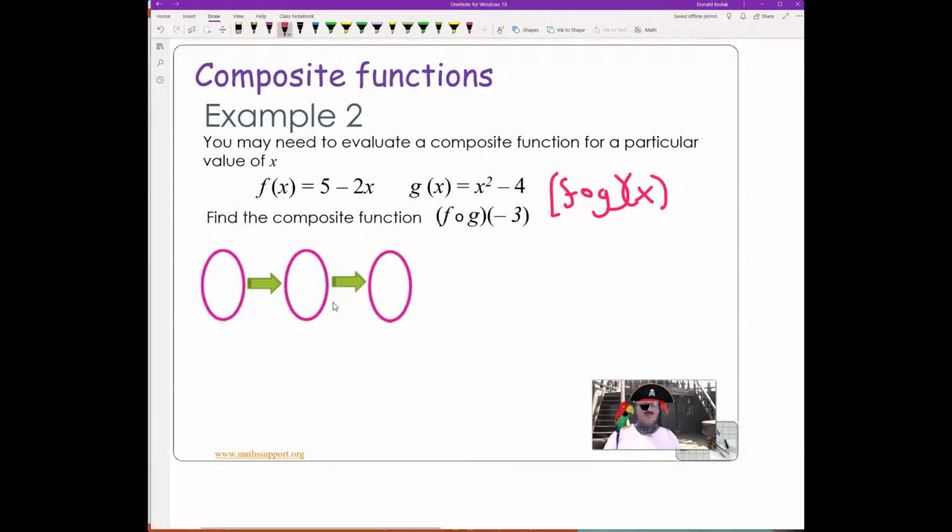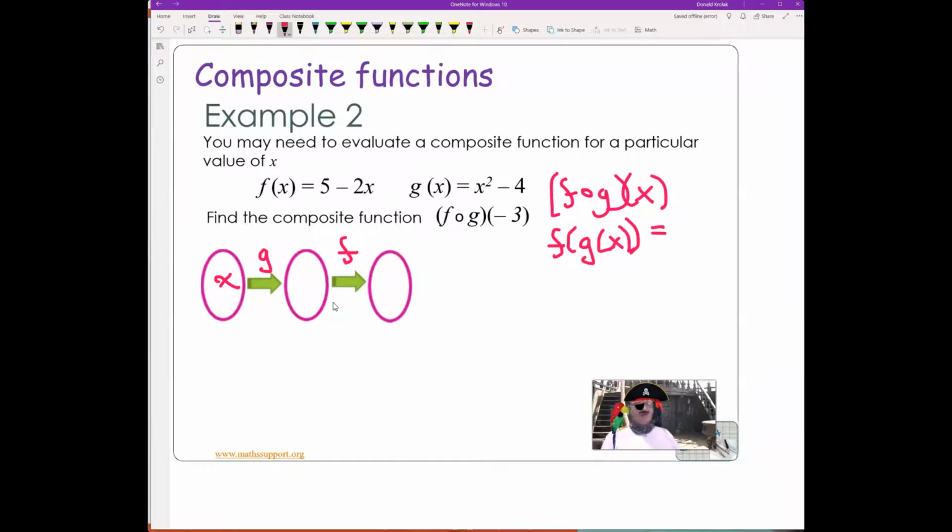So g is my inner, f is my outer, and x is my input now. When I evaluate this, g of x is the input into f of x.